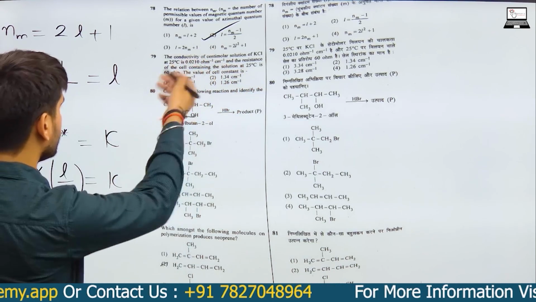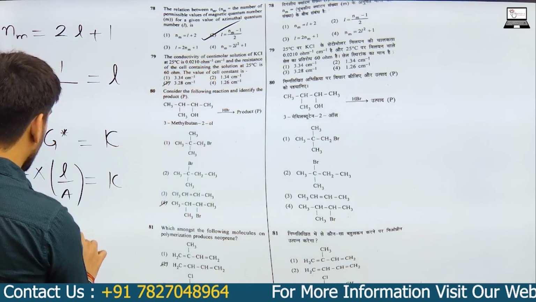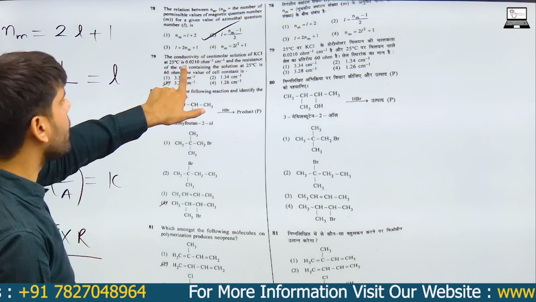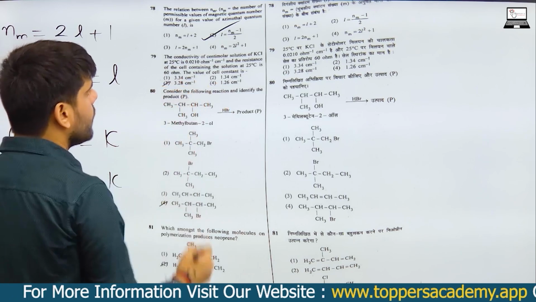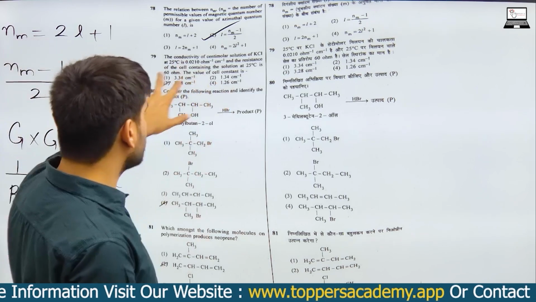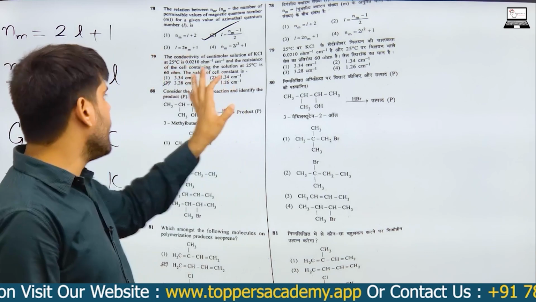Kappa into R will be the answer, and the kappa value is given and R is also given. So you can just simply multiply it and get the answer, right?